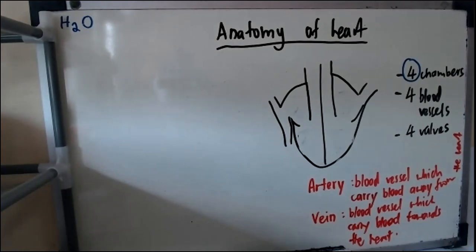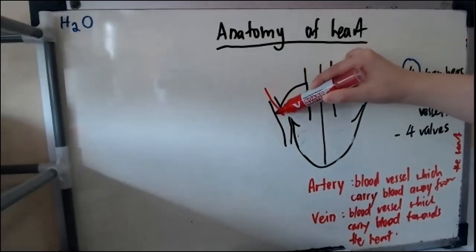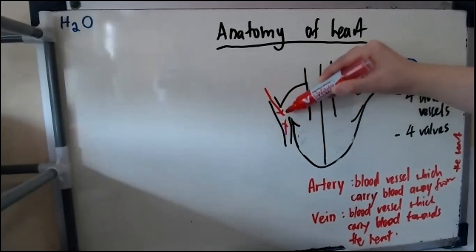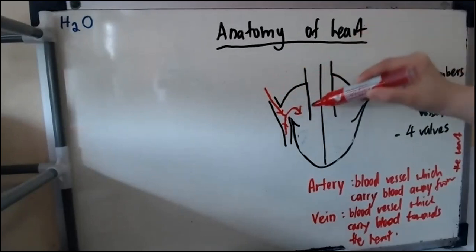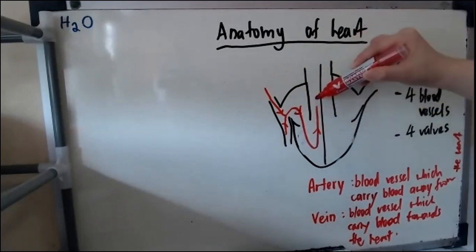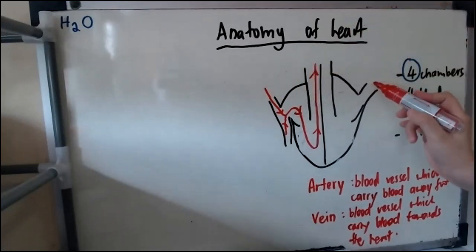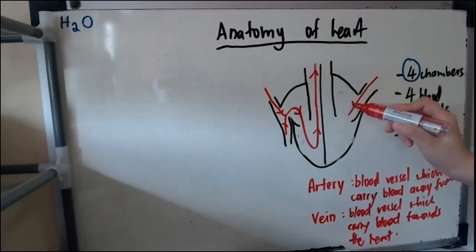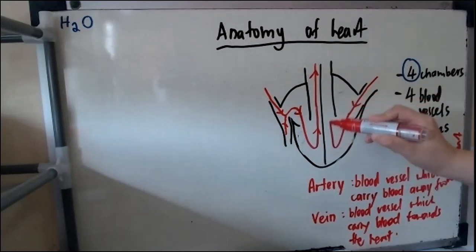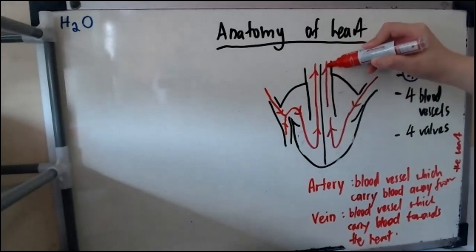So I will be drawing the direction for you to see. Blood comes in from here, then enters, and then makes a turn like this and goes out. Then blood comes in from here, makes a turn, and then goes up like this.